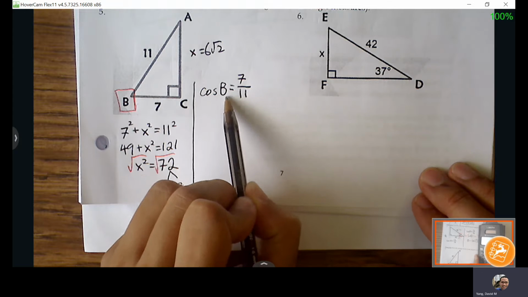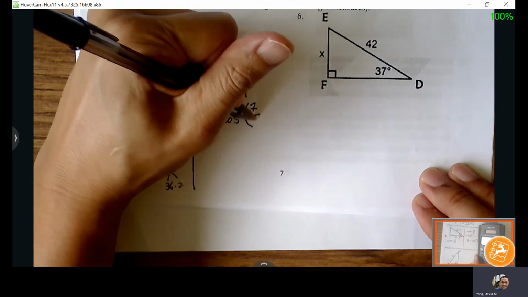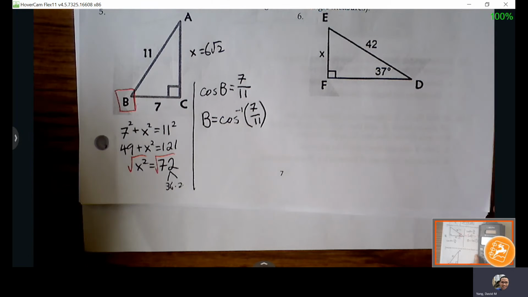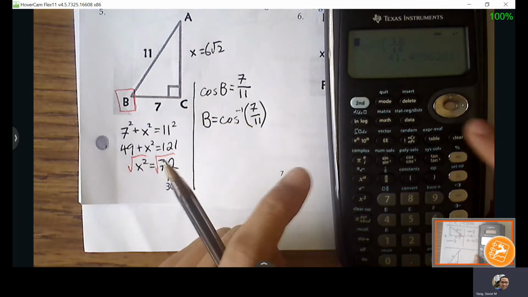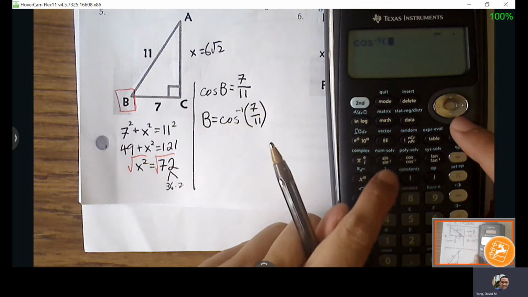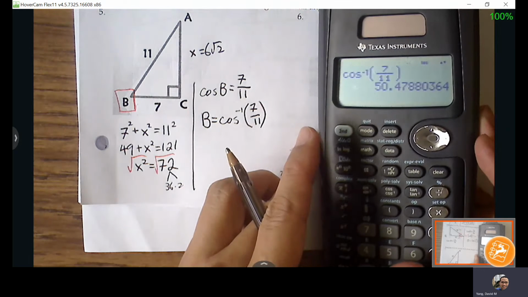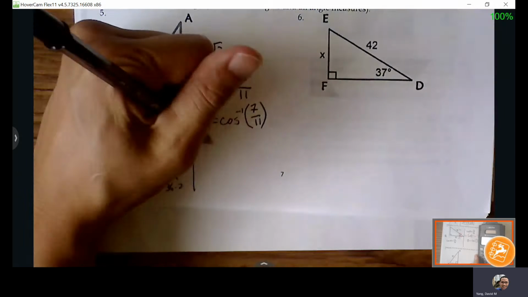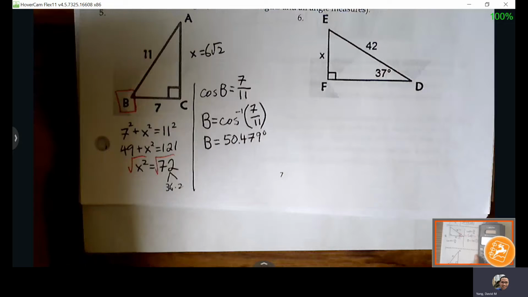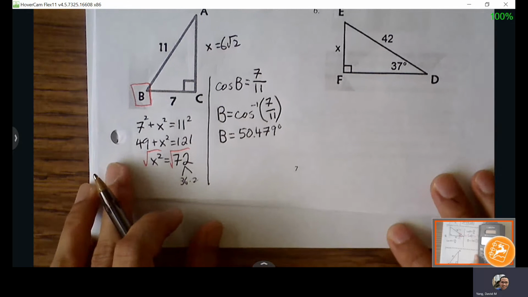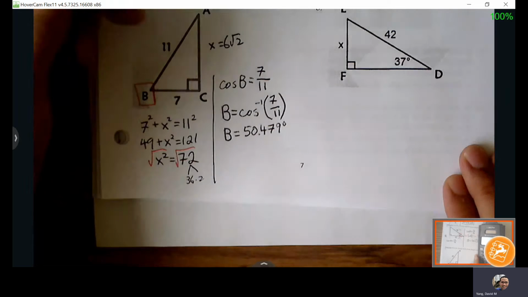So I'll take the inverse cosine of both sides, and the rest can go in our calculator. 50.479 degrees. Okay, so I have angle B identified.